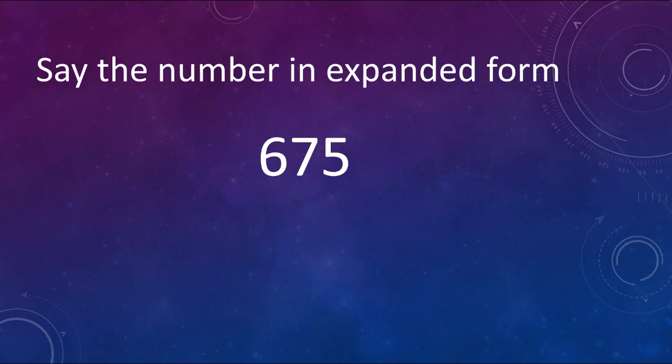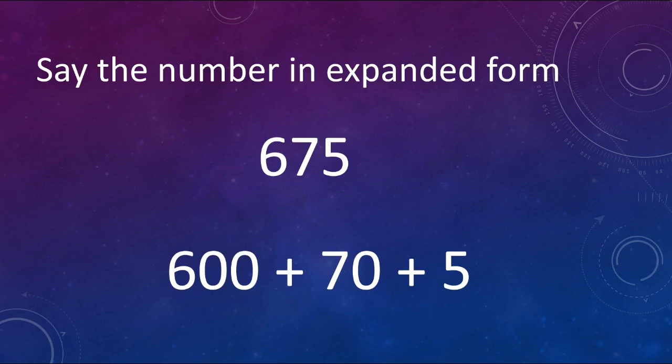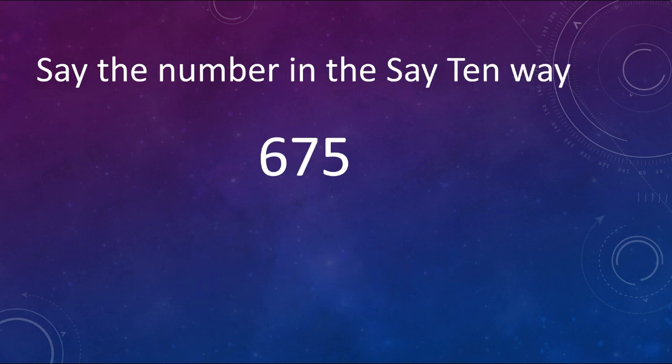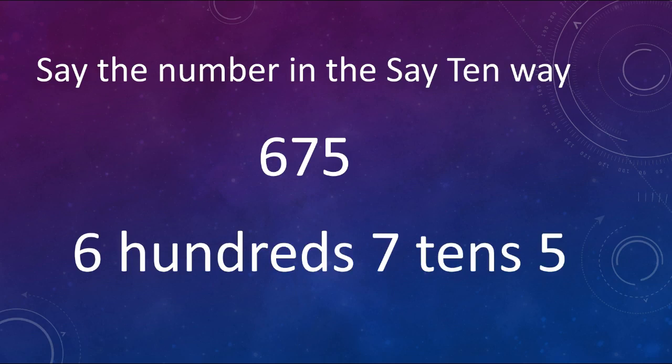Okay, so I need you to say the number in expanded form. And it's going to look like this: 600 plus 70 plus 5. Now say the number the say 10 way. 6 hundreds, 7 tens, 5.